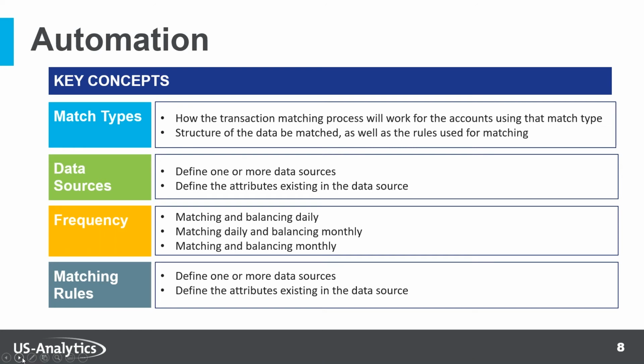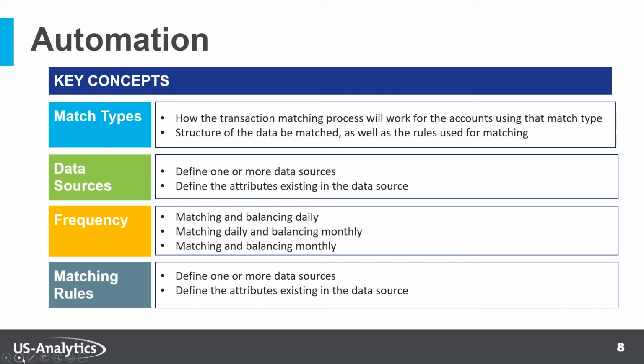Again, this will make a little more sense in a minute when we start adding in some of our visuals. You can define multiple data sources, and you can define the attributes existing within the data sources, so invoice number, dates, amounts, things like that. You can define your frequencies. So do you want matching and balancing daily, monthly, things like that.